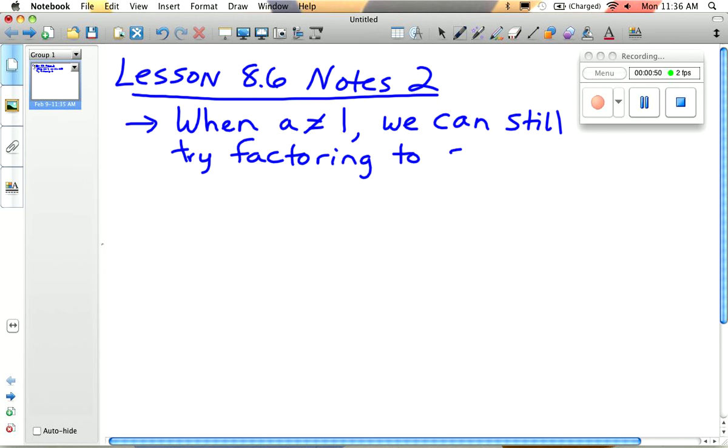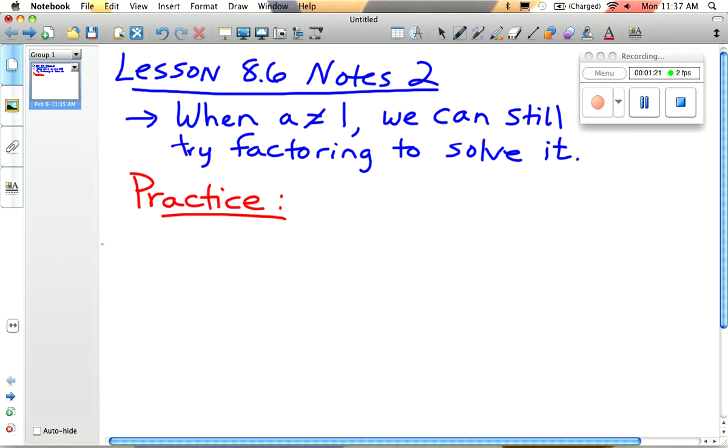You just have to go back and revisit how do we factor those quadratics, those trinomials, when a is not equal to 1. So we'll just go right to practicing because there really is not anything new to learn today. We're going to factor it, and we're going to set each factor equal to 0, and we will have our solutions after we solve those factors for x.